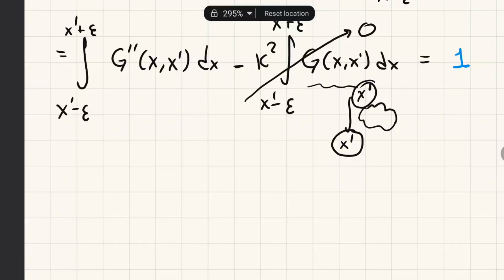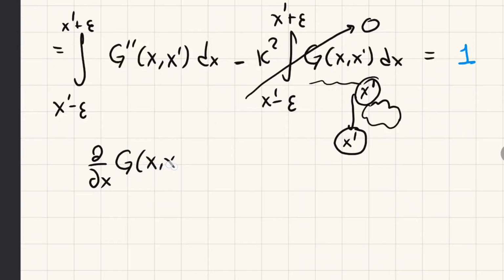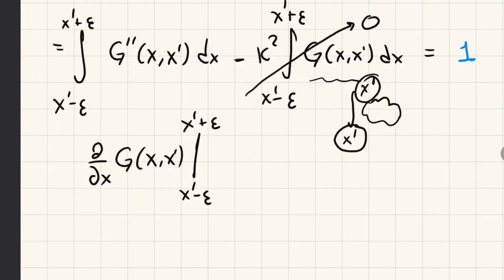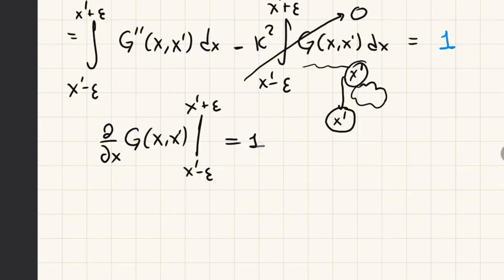So taking the limit where epsilon goes to 0, here we are going to get the derivative with respect to x of g of (x, x prime) evaluated from x prime minus epsilon to x prime plus epsilon, again just by canceling the integral with the derivative. Okay, and this is equal to 1.